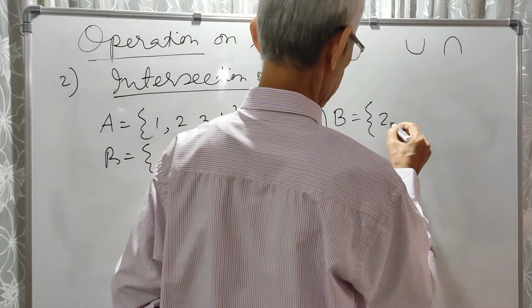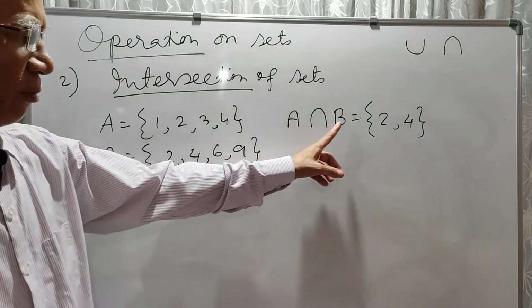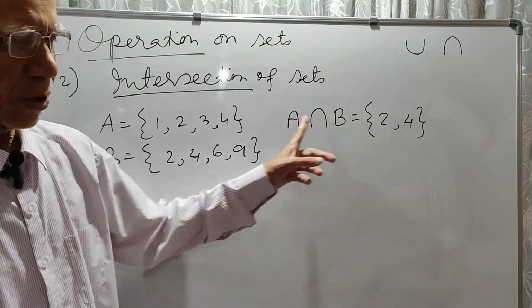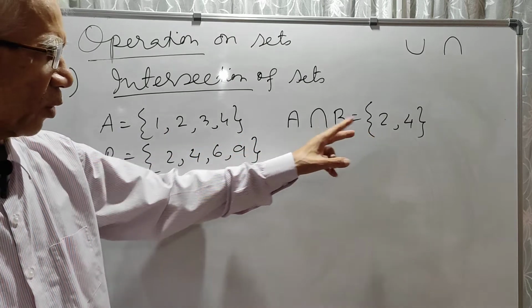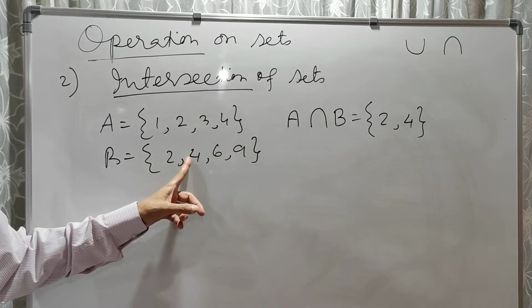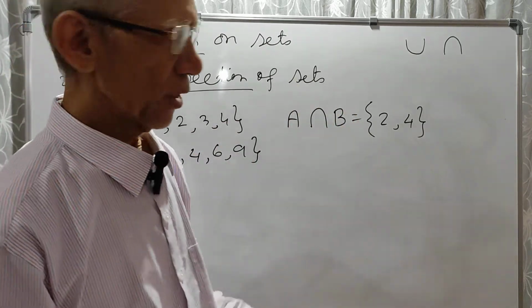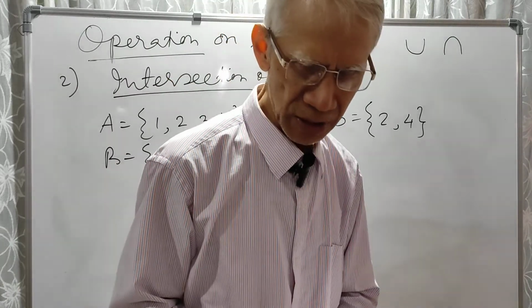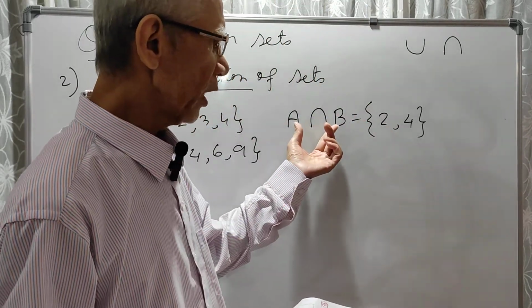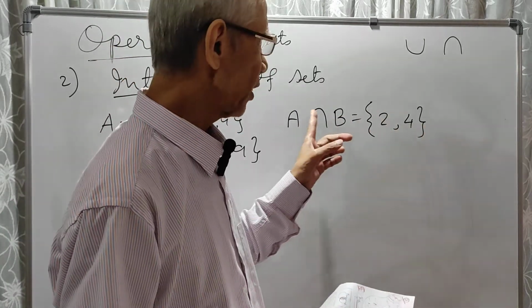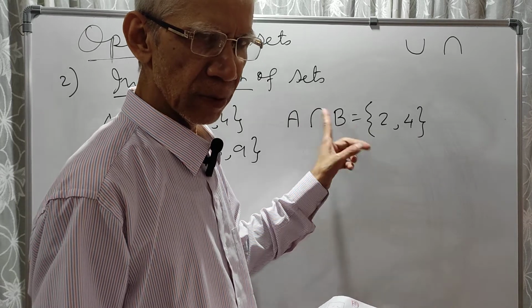So A intersection B is a set of common elements of A and B. That means the elements which are present in both. How will you define it? A intersection B is the set containing the common elements of A and B, not only in A or B, but in both.